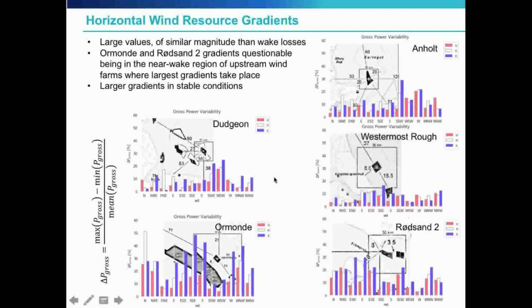And of course, this is of similar magnitude as the wake losses that you are trying to simulate with your wake model. So it's very important that you keep in mind these horizontal gradients, and you use this inside your definition of array efficiency to avoid contaminating the array efficiency prediction with this, which is not something that the wake model should be predicting.